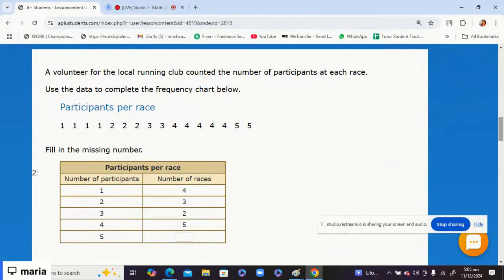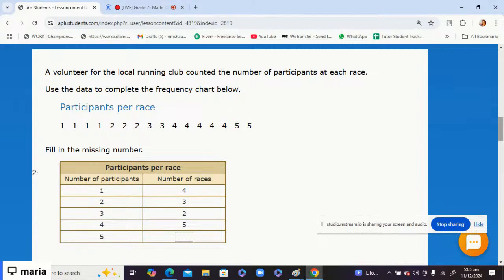A volunteer for the local running club counted the number of participants at each race. Use the data to complete the frequency chart below. Okay, the data is given. Here are the different numbers of participants: 1, 2, 3, 4 and 5.